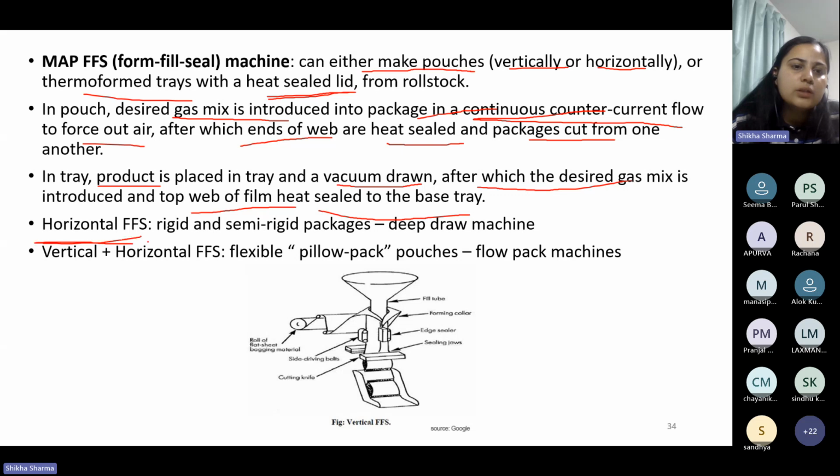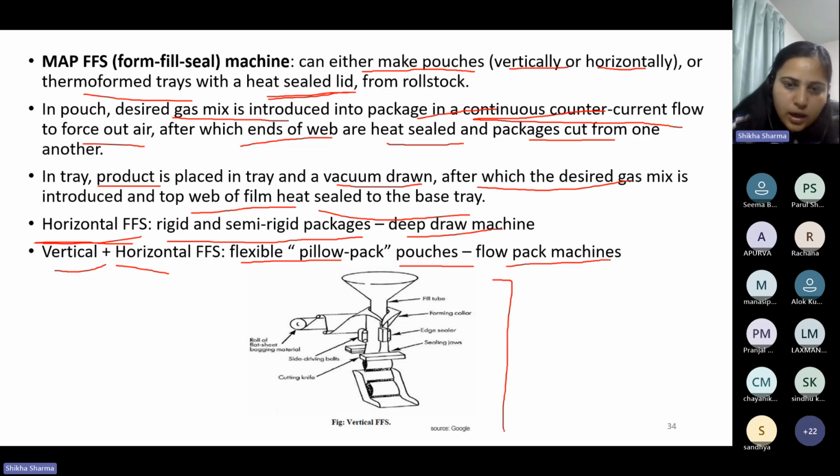Horizontal FFS is used for rigid and semi-rigid packages from deep drawn machines, and vertical and horizontal FFS is used for flexible pillow pack pouches from flow pack machines. This is a setup of a vertical FFS machine.